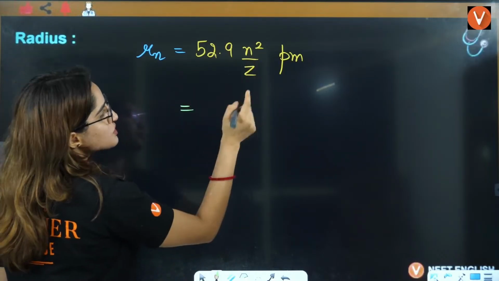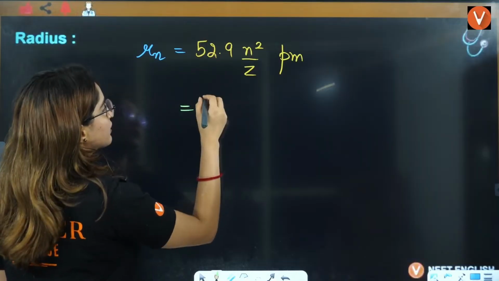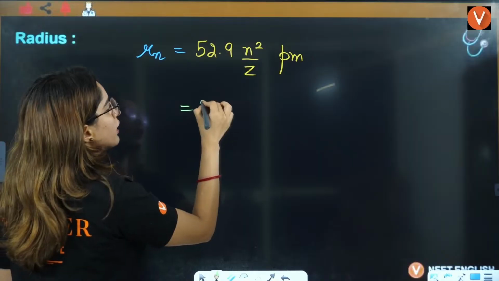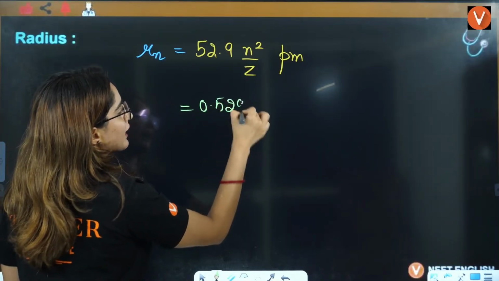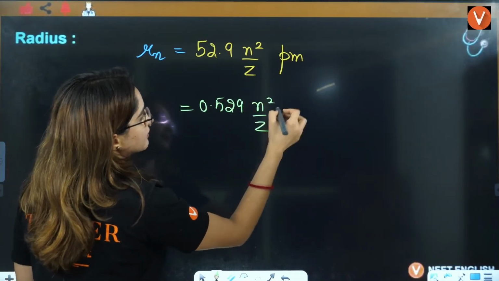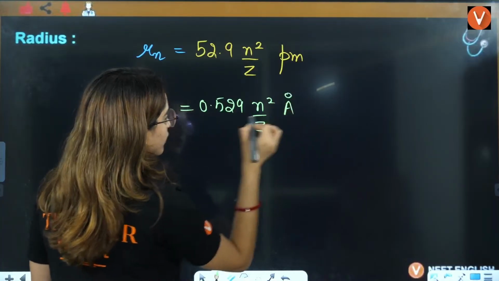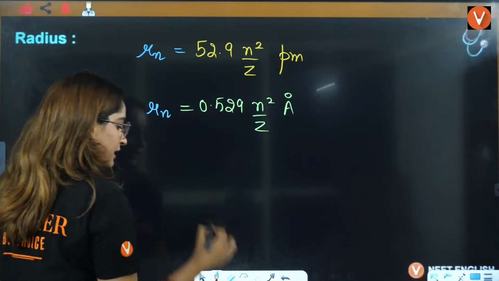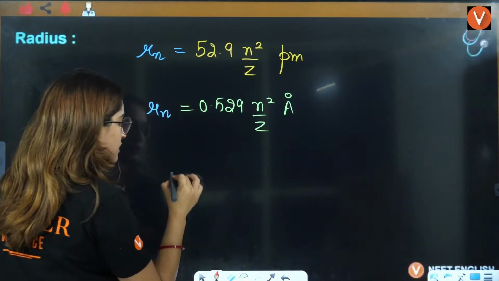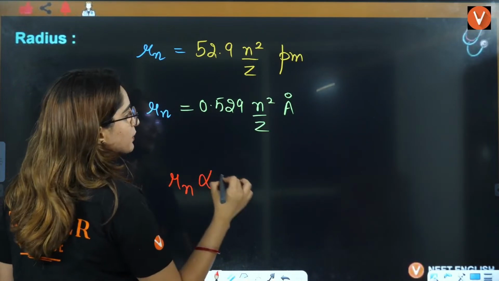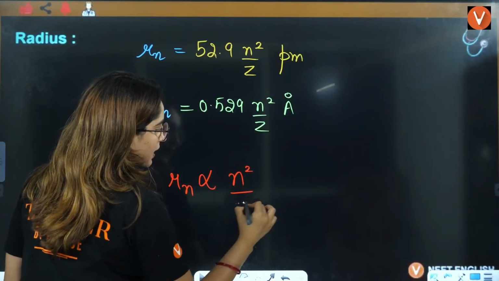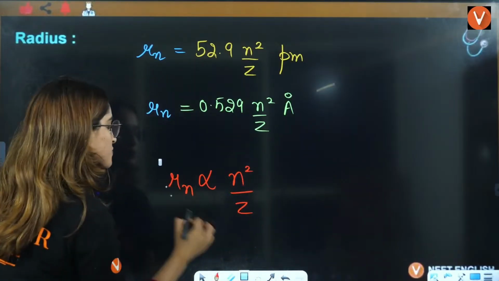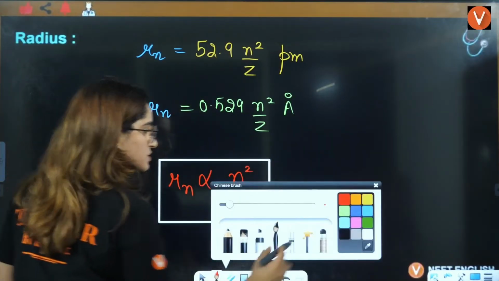If you convert this into nanometer, or let's convert it into Angstrom, it is 0.529 n square by Z, that is in Angstrom. And you can also write it directly that radius is directly proportional to n square by Z, because based on this also they ask you the question.